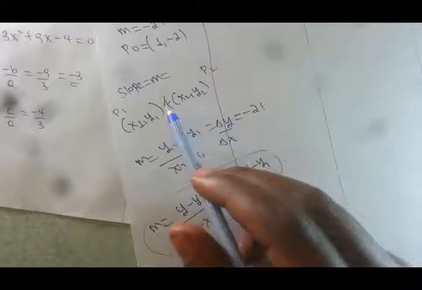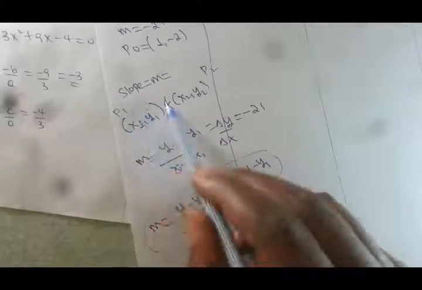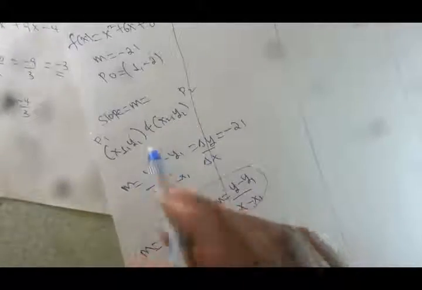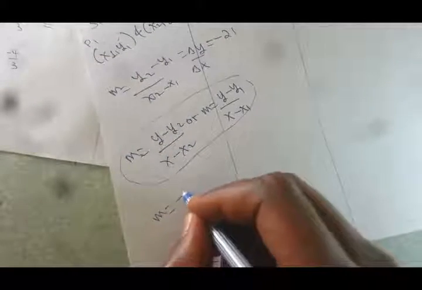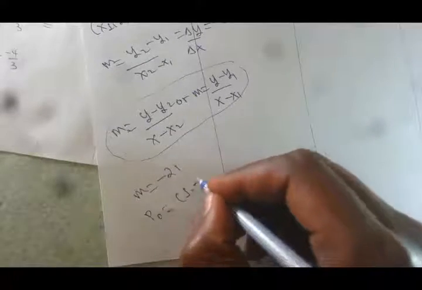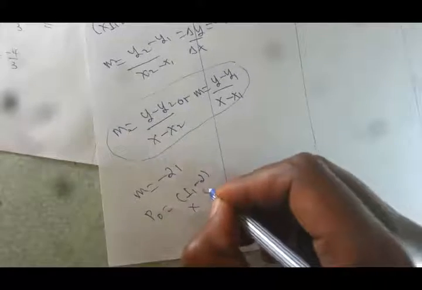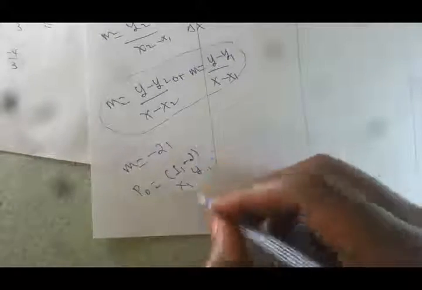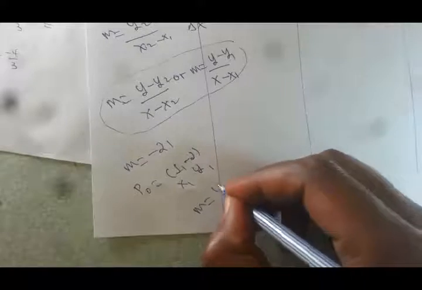But if you are only given 1 point, we will use that only point. In our case, we are given only a slope and a point. m is equal to minus 1, and point 1 is 1, minus 2. Therefore, let's say this is x1, y1. Therefore, m is equal to y minus y1 over x minus x1.